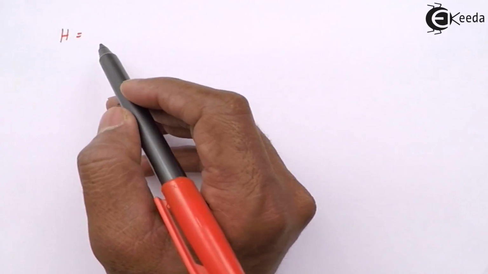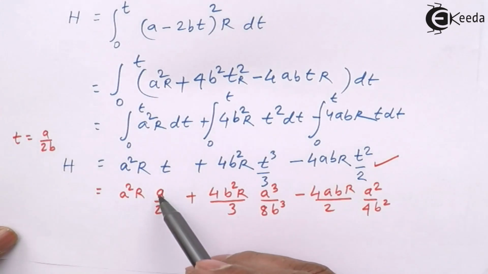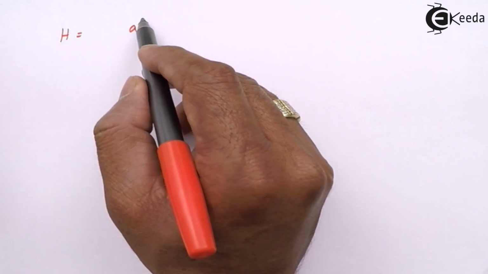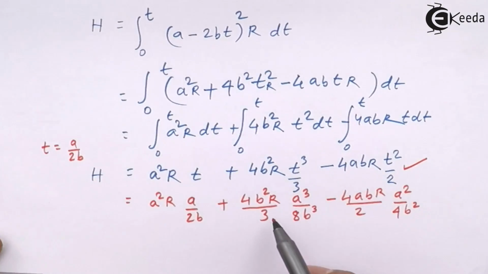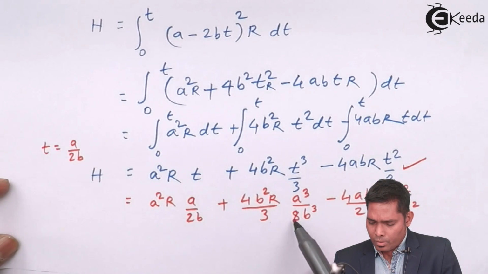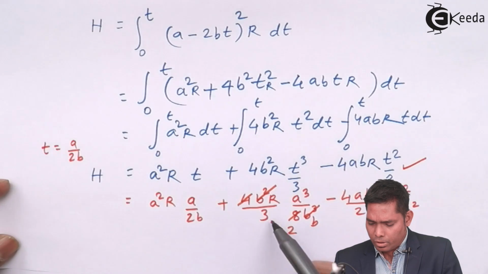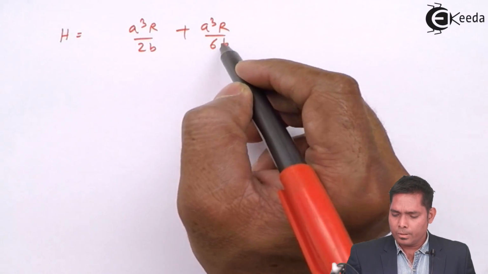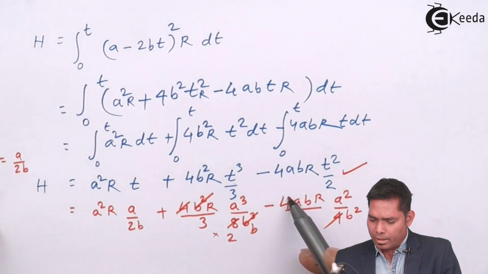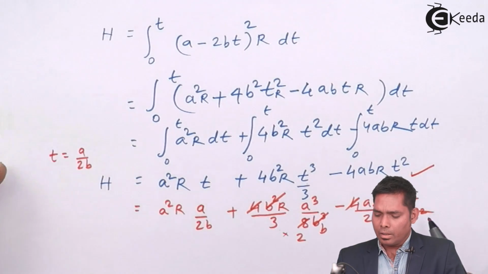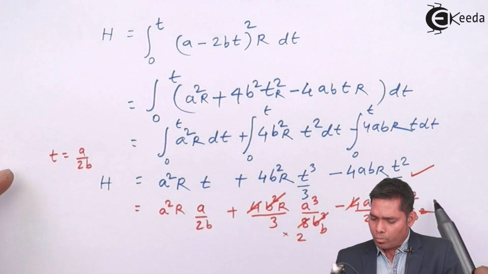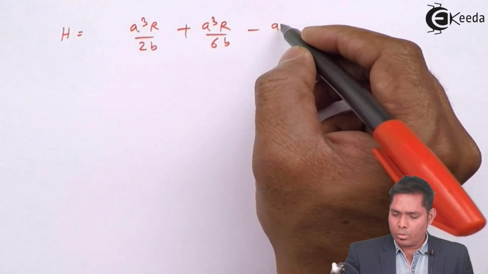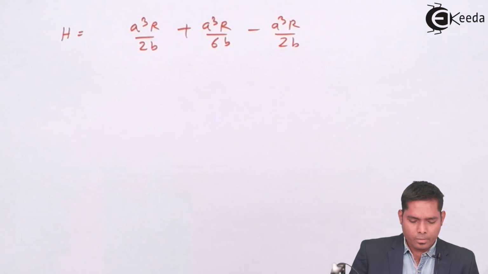The total heat produced H, from here I will write a cubed r over 2b, and the second term is 4 over 8, so it is 1 over 6, so 6 here, b square and b cubed will cancel, only b is left, so a cubed r over 6b, minus, this 4 will cancel, this b and this one will cancel, and what is left is a cubed r divided by 2b.